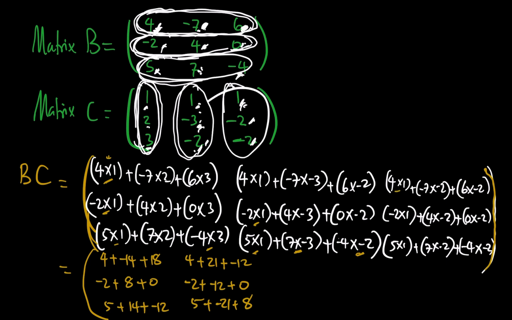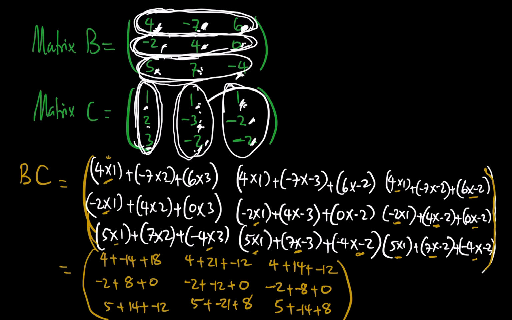Now here gives us 4 plus 14, and this gives us plus negative 12. Now this gives us negative 2, plus negative 8, plus 0. Now this also gives us 5, plus negative 14, plus 8.